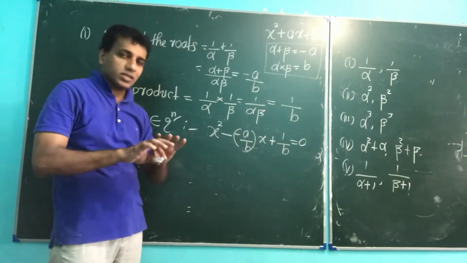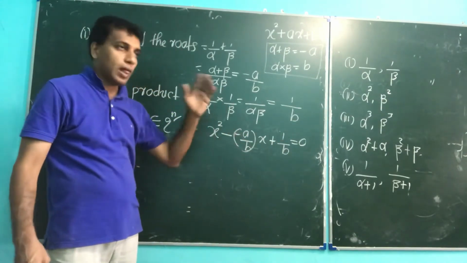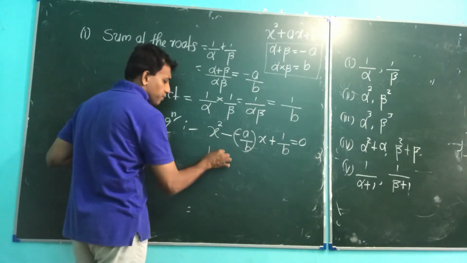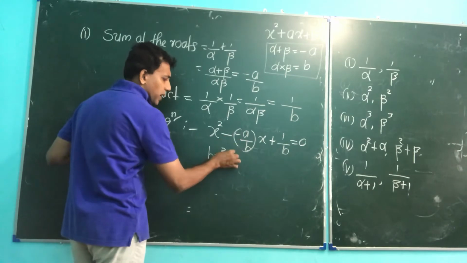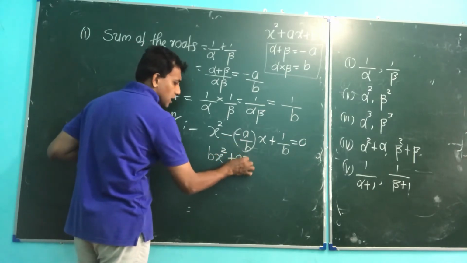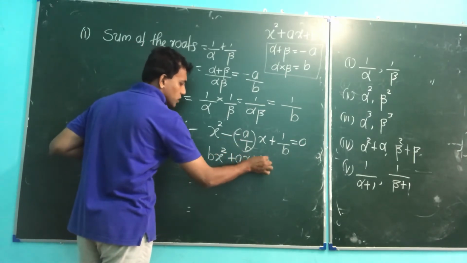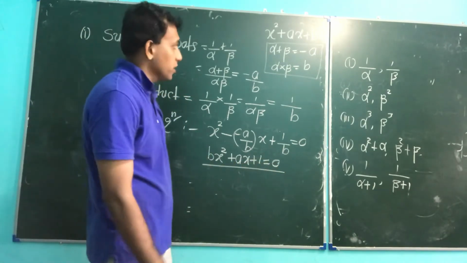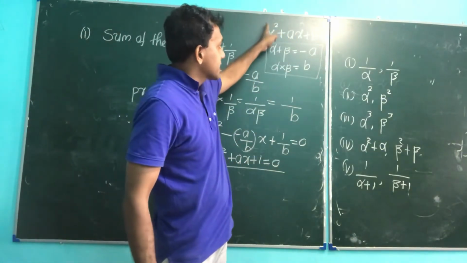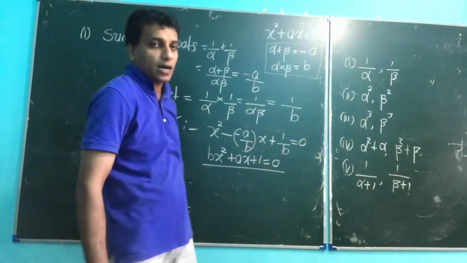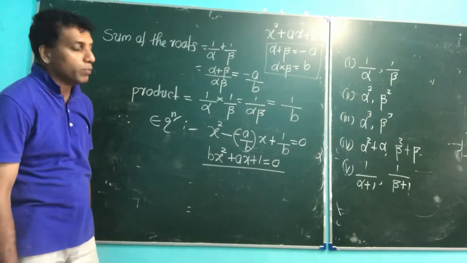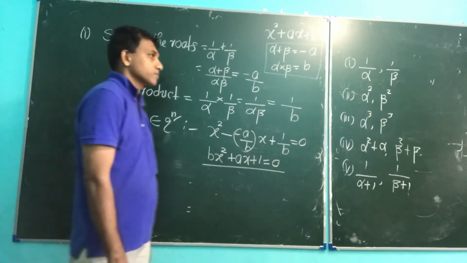Now give in a general pattern. Multiply by b, all the parts: b x square plus a x plus 1 equal to 0. This is your first equation, if this is given as roots alpha and beta, that is 1 over alpha and 1 over beta, right?